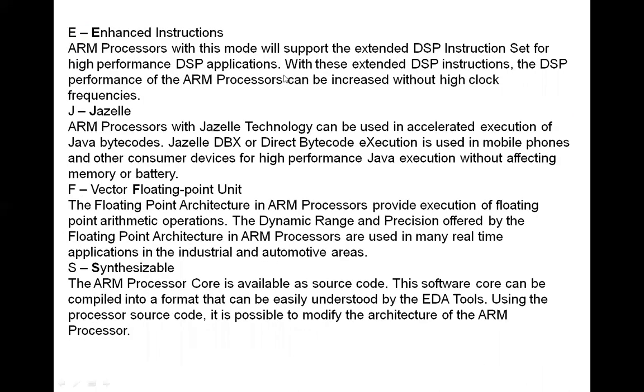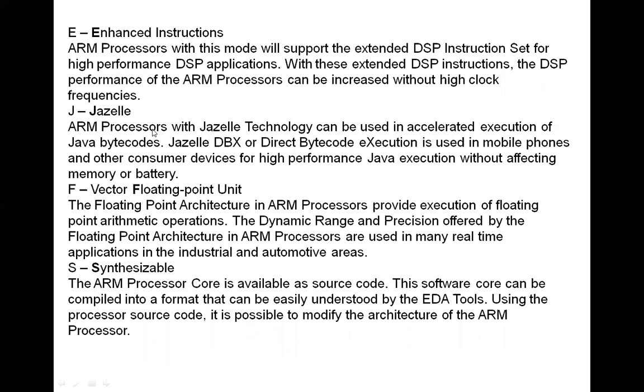Similarly, here you can see E is later used for enhanced instructions. Whatever instructions are present in the ARM7 are modified as the controller versions change, so you can see enhanced instructions are coming. The earlier old instructions get modified.